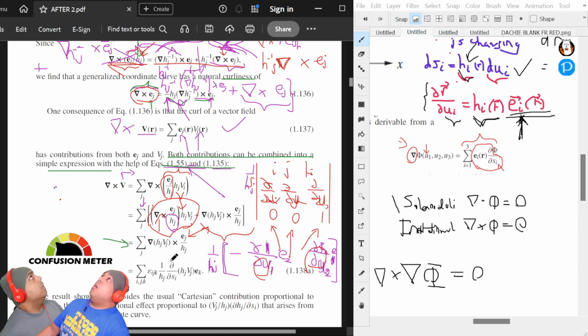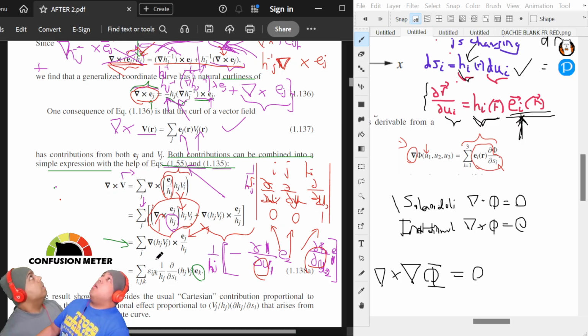Del cross. So none of these are like J-hat components, so we're going to have to bring in another guy of our own.